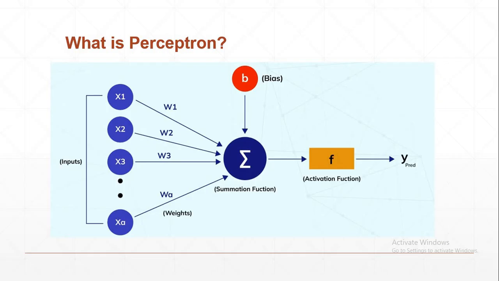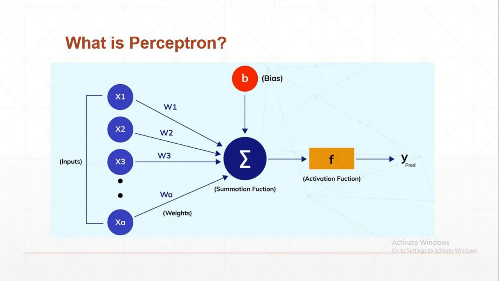The neural network architectures for perception are CNN, RNN. There are so many applications of perceptrons. That's why I am telling you the perceptron is very important for understanding deep learning and neural network models.